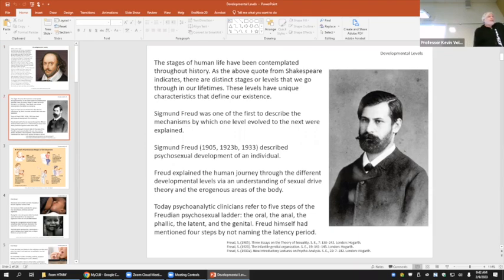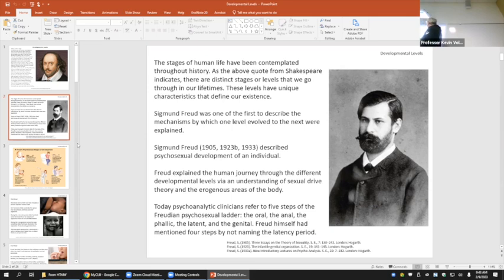All right. So Freud was one of the first to describe the psychological version of these things. In his works, Three Essays on the Theory of Sexuality, The Infantile Genital Organization, and Introductory Lectures on Psychoanalysis, he outlines these developmental levels. He explains that these developmental levels are fueled by eros, the sexual drive, the pleasure drive.